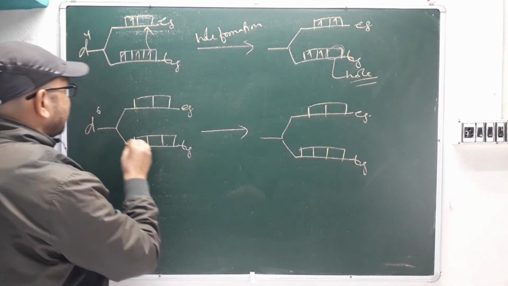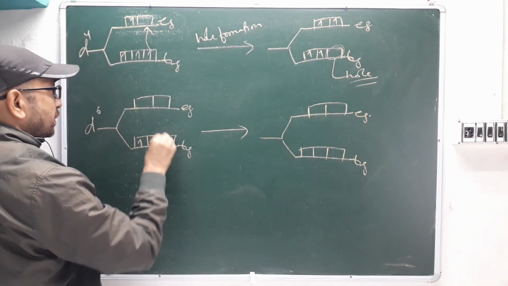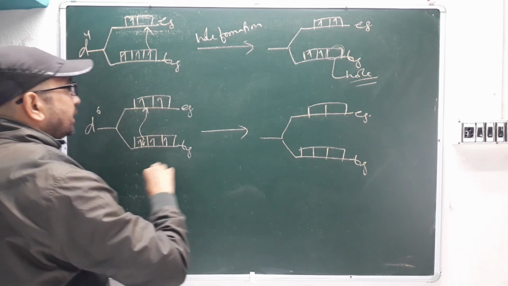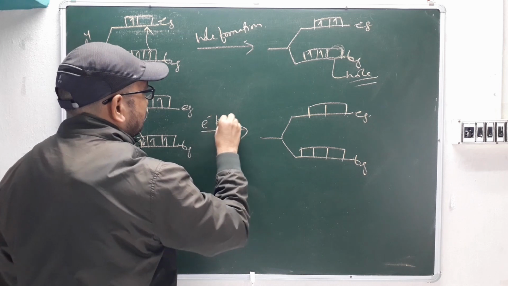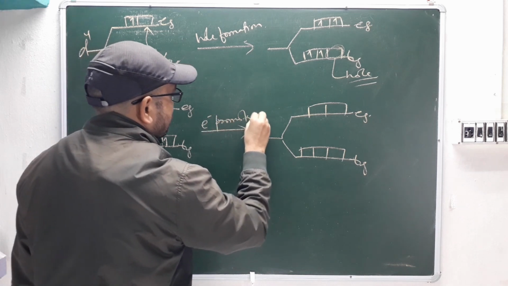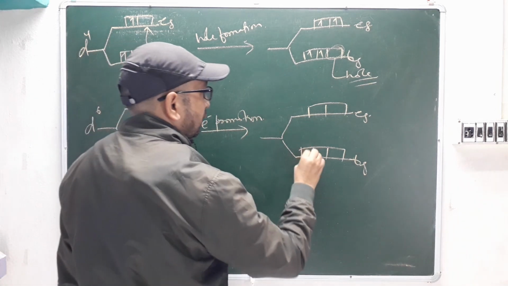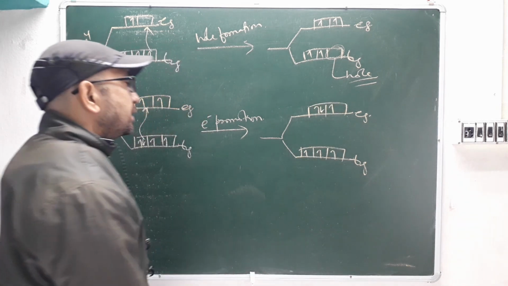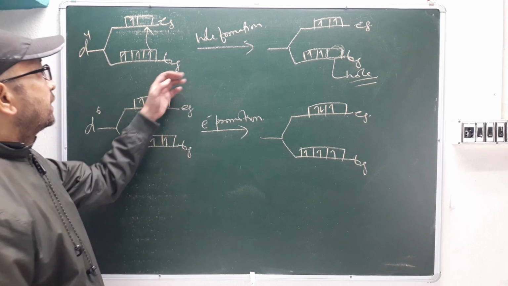Okay, so what is happening now? d6, right? 1, 2, 3, 4, 5, 6. This electron is going there. It means it is electron promotion, correct? So here it is electron promotion, and here it is hole formation.